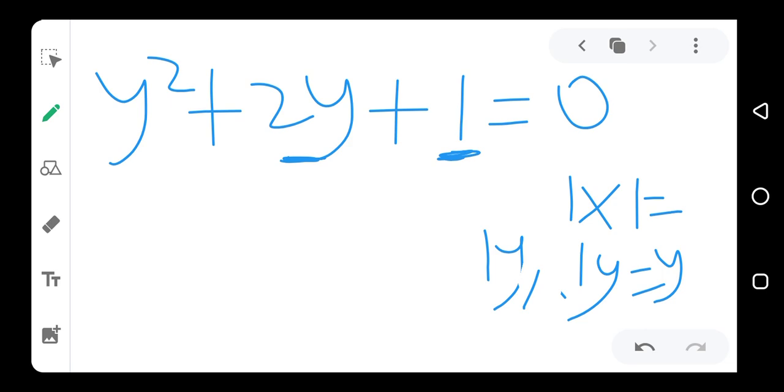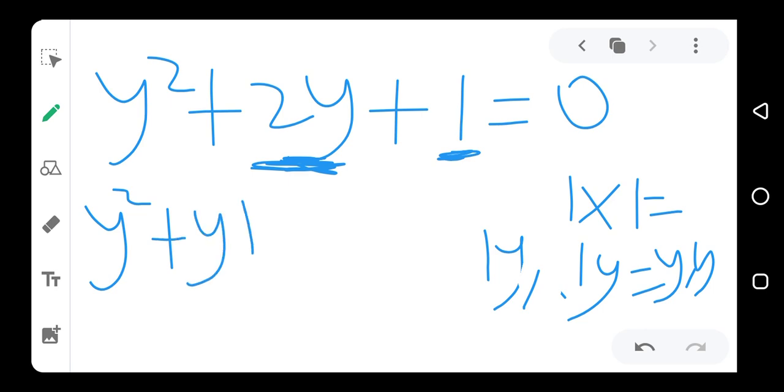That is y and y. Now we use this y and y and replace this, just like we did when we were learning quadratic equations. Now we group them.